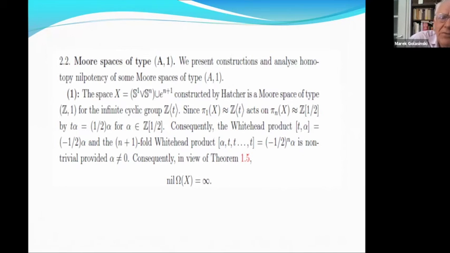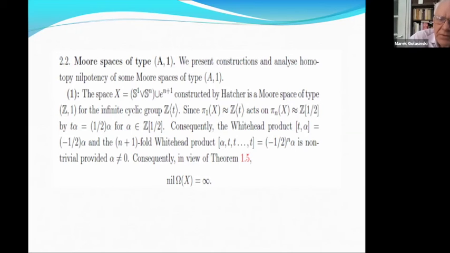So pi_1 of this space is infinite cyclic, with generator T. And of course pi_1 acts on higher homotopy groups, and using this construction you can show that the n-th homotopy group of X is the integers extended by 1/2. And this action is given in such a way that the action of T on alpha, where alpha is an element of pi_n, is multiplication by 1/2.